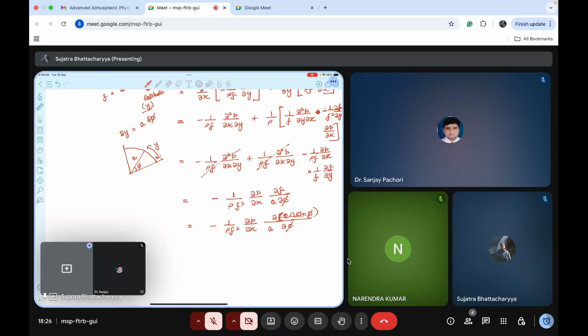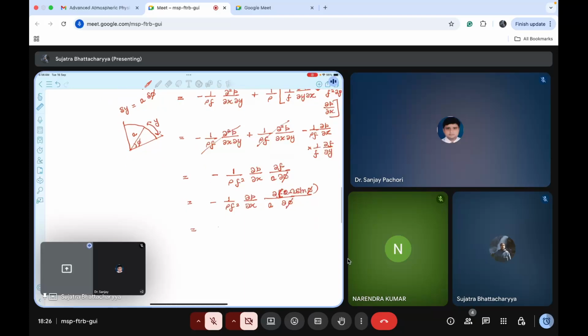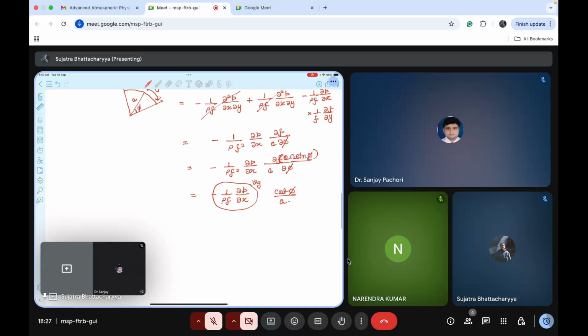Fine. So what you get is minus 1 upon rho f delta p delta x, which can be written as your Vg, the geostrophic field, and if you do the differentiation, it will come out to be cot phi by a. So Vg is given to be 50 meter per second, and phi is 45 degrees as given in the question.